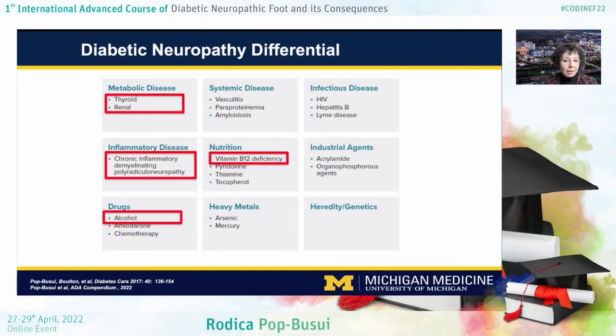And that is why in the US we have updated the standard of care and we screen for B12 deficiency in people with type 2 diabetes treated with metformin, because this can indeed mimic almost entirely the neuropathy due to diabetes, but it is treatable with simple vitamin B12 supplementation.